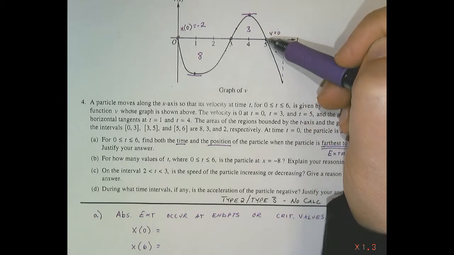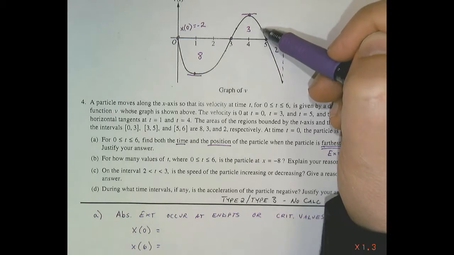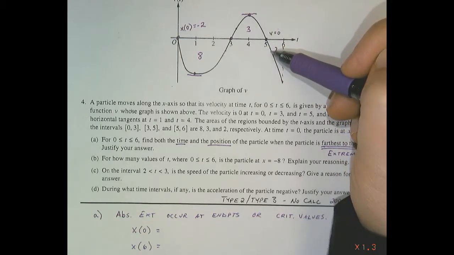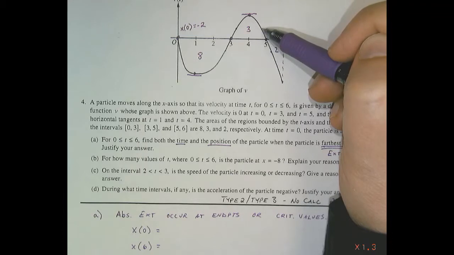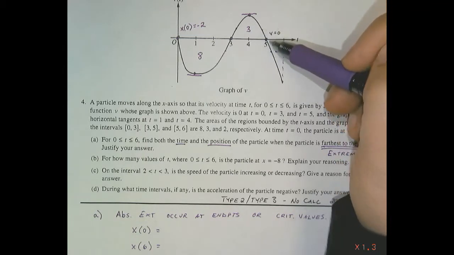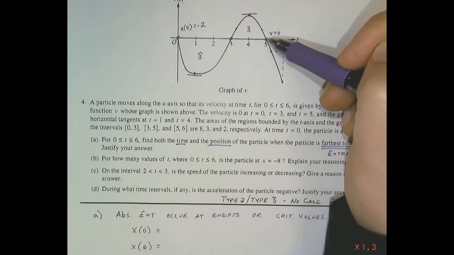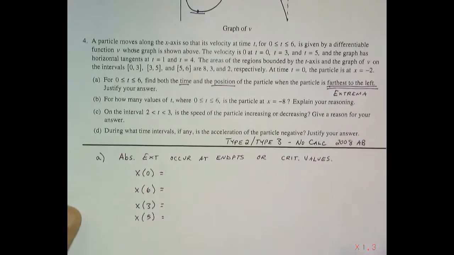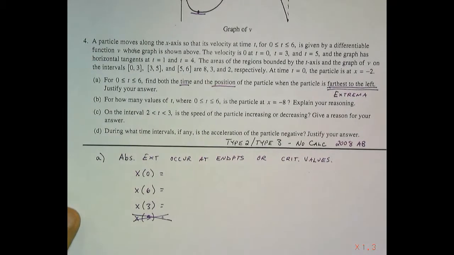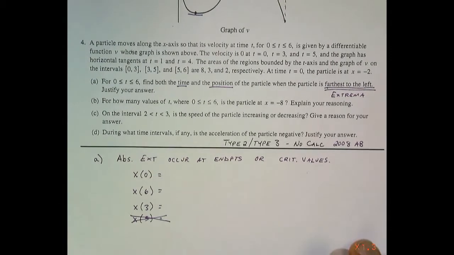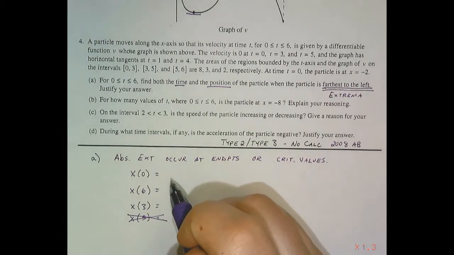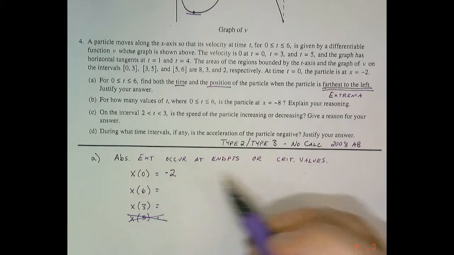But at time 5, our derivative is going from positive to negative, so that would mean that the position is going right to left, which makes this a maximum. So this will not be an absolute minimum. So we don't even need to test x of 5. Now you can, it's just extra work. Okay, x of 0 they give to us. x of 0 is negative 2.